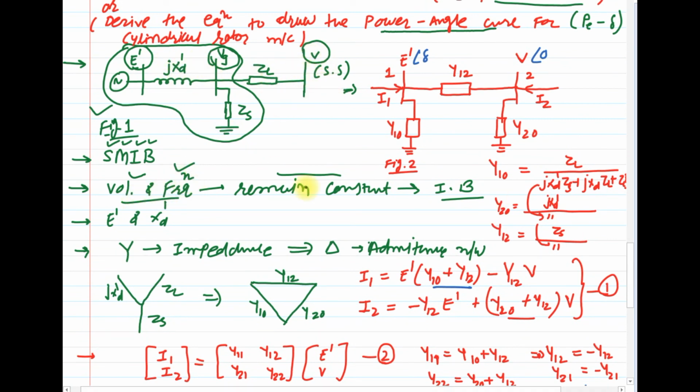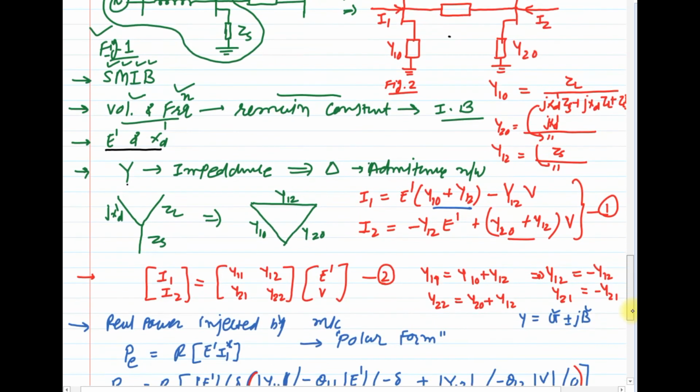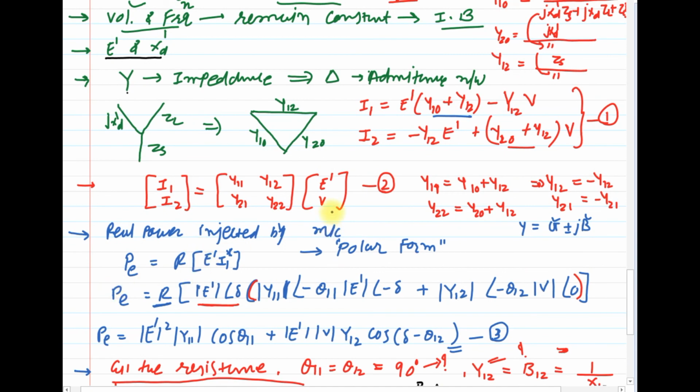The infinite bus means the voltage and frequency remain constant. The machine is connected to the infinite bus through the transmission line impedance ZL. For the stability studies we considered the transient voltage and reactance. Clear? To eliminate VG, we did the star to delta conversion, the equivalent circuit, the value of admittance, and the final equation.